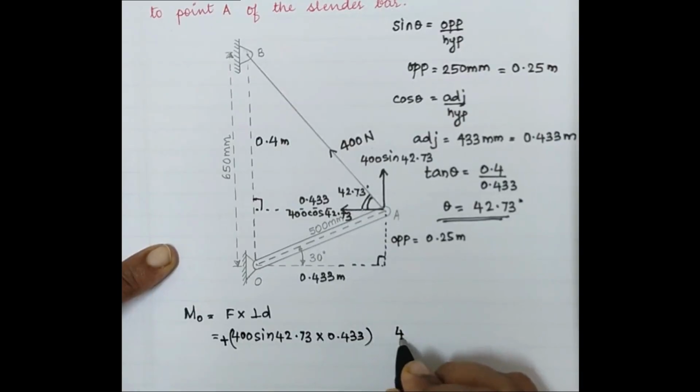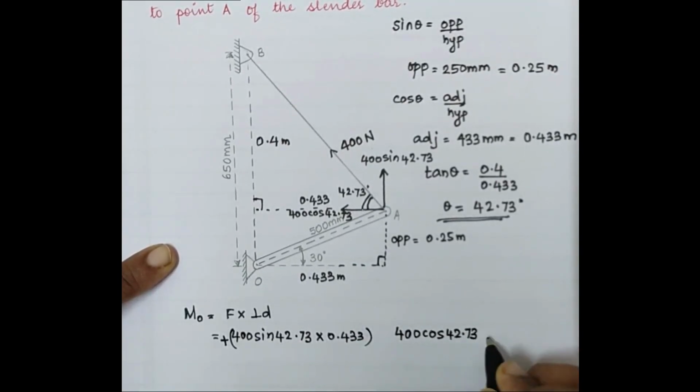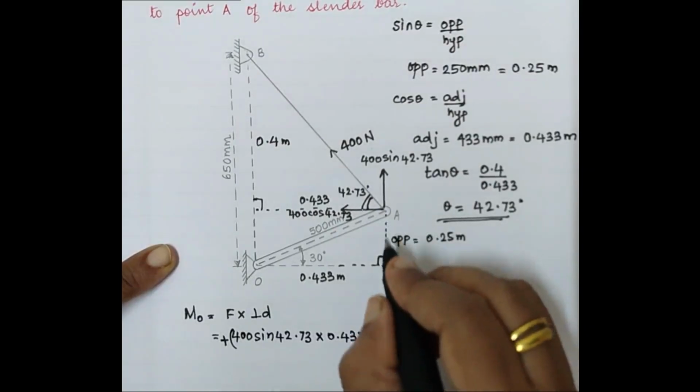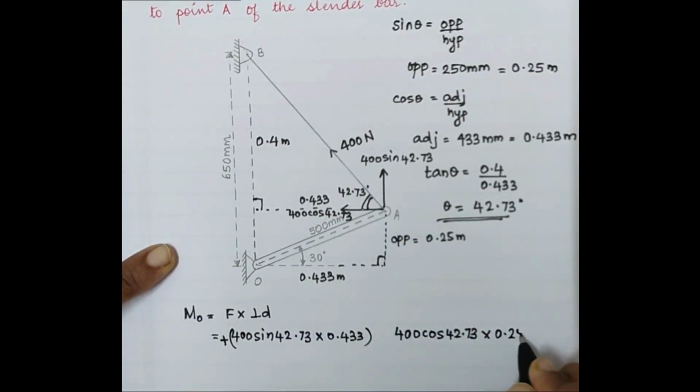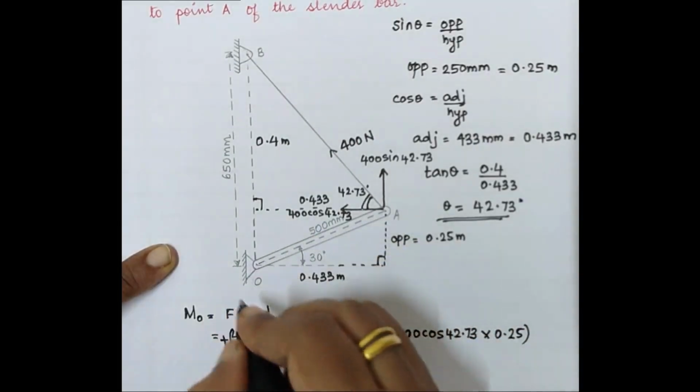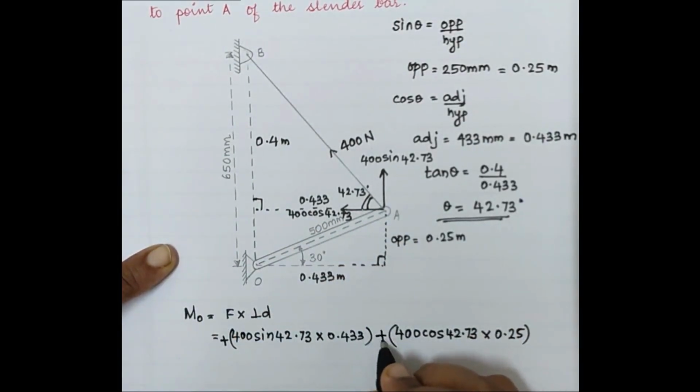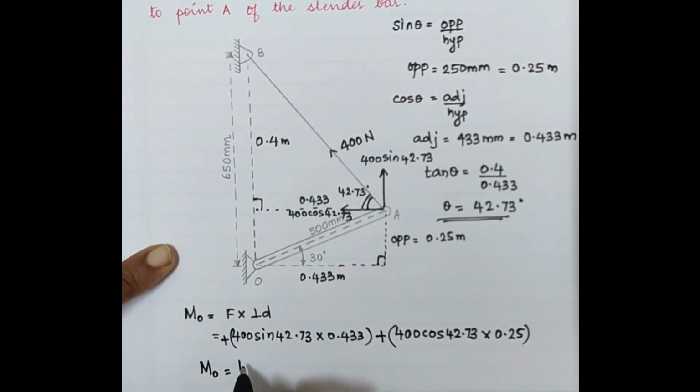The other force, that is 400 cos 42.73 force into the vertical distance, so that is 0.25. This again goes into an anticlockwise motion, therefore it is positive. That's how we can calculate the moment about point O, which comes out to be 190.98 Newton meter. Since it is positive, we know that this is an anticlockwise moment.